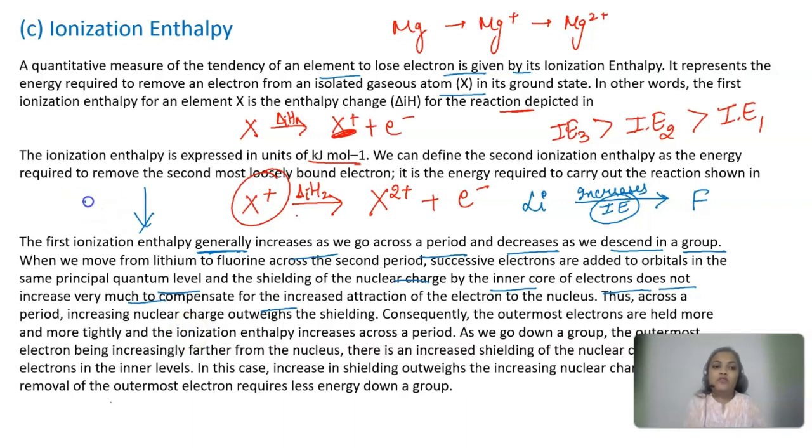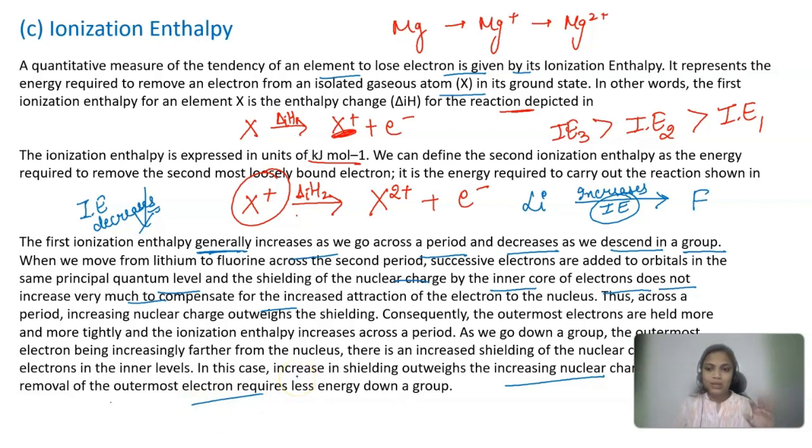That is why, moving down the group, the ionization enthalpy decreases because of the increase in atomic size and decrease in effective nuclear charge. Shielding also happens because the shell is getting added, so inner electrons shield the outer electrons from the nuclear force. This shielding outweighs the increased nuclear charge, and removal of the outermost electron requires less energy.